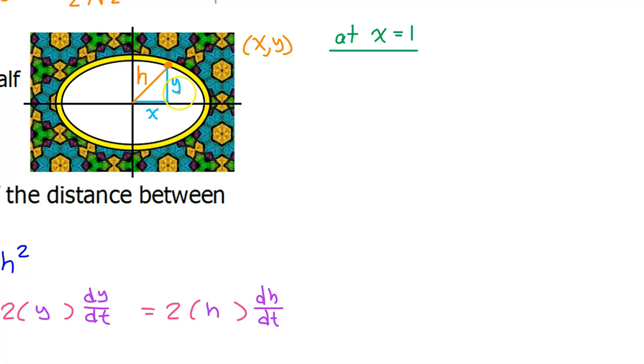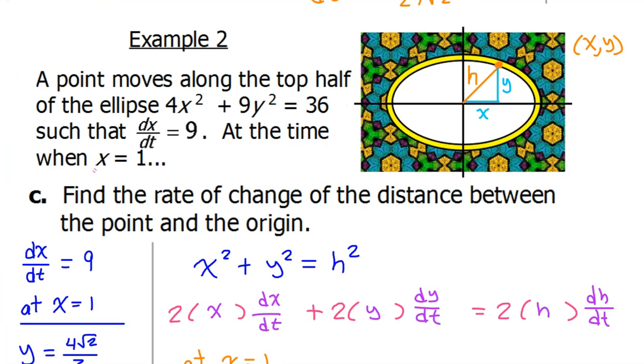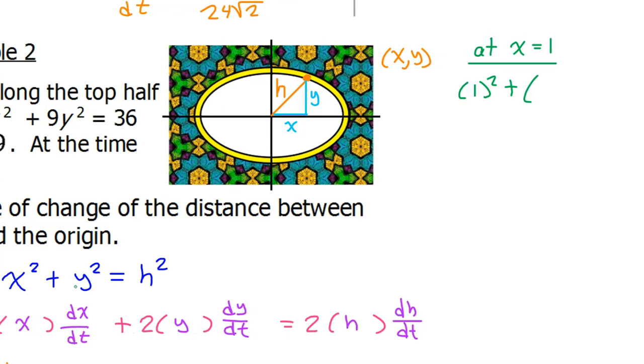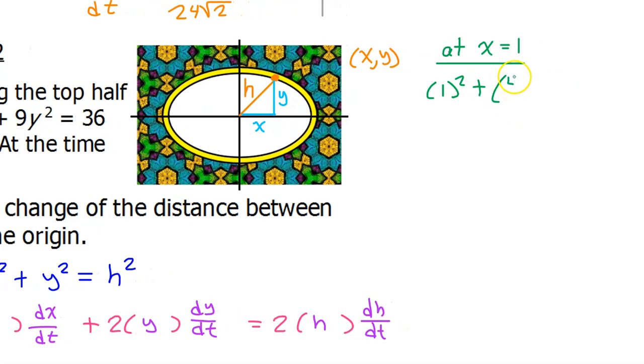x squared plus y squared is equal to h squared. But at x equals 1, that gives us 1 squared plus, and remember, at x equals 1, y is 4 radical 2 over 3. So that's 4 radical 2 over 3 squared equals h squared.